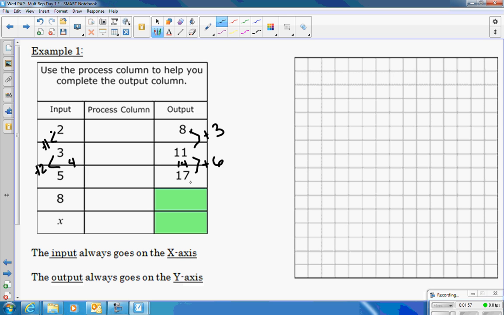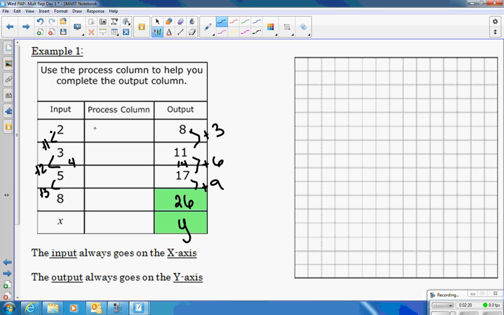So that increase makes sense because it's making 2 jumps there. This one's making 3 jumps, so you should expect your next term to be 3 times 3, which is an increase of 9. So 17 plus 9 is 26, and then that would continue to go into y.